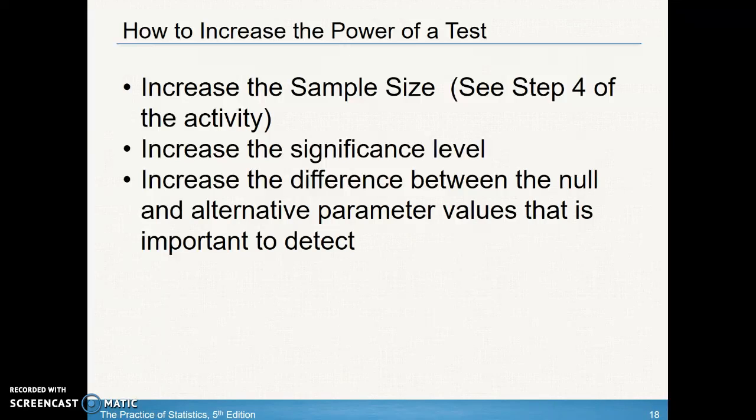That's important to detect. So like if the man wants to be more certain, then instead of 11%, he could say, well, what if the shipment has 25% bad potatoes in it? Now how likely am I to reject it? And of course, that's going to be a much higher probability. Okay?